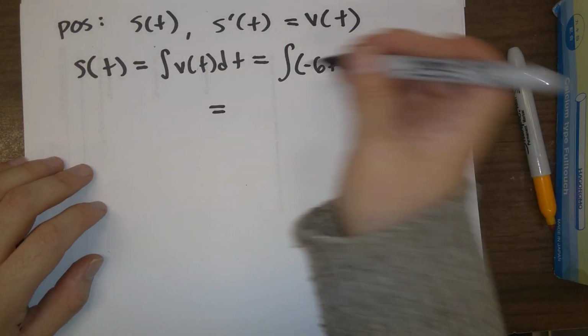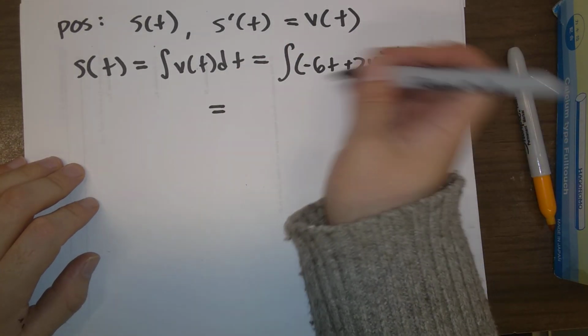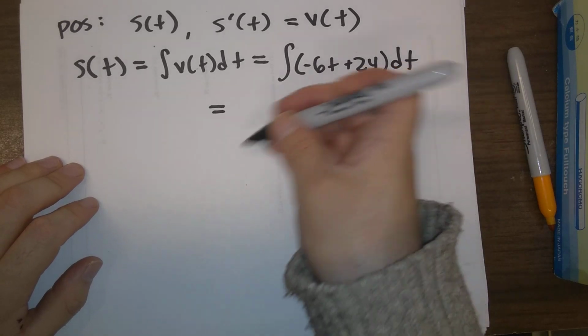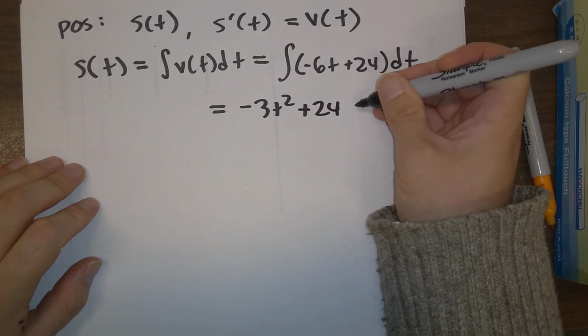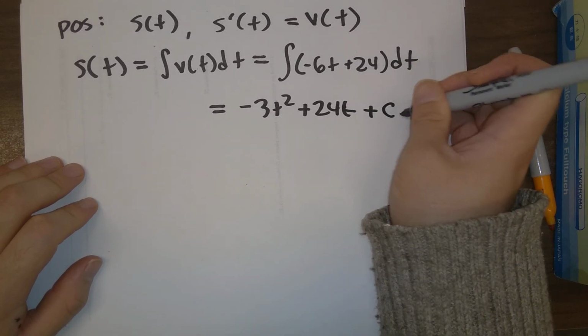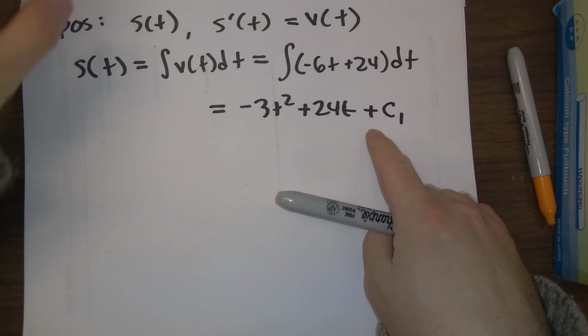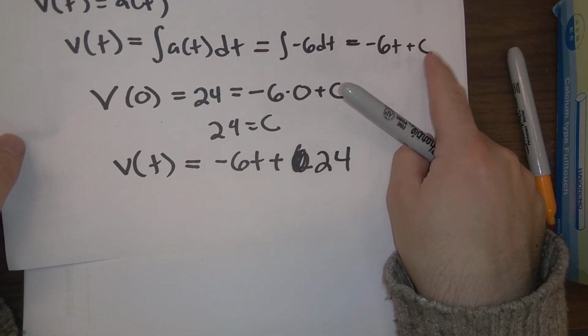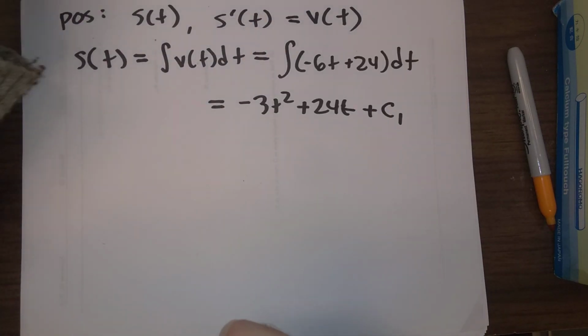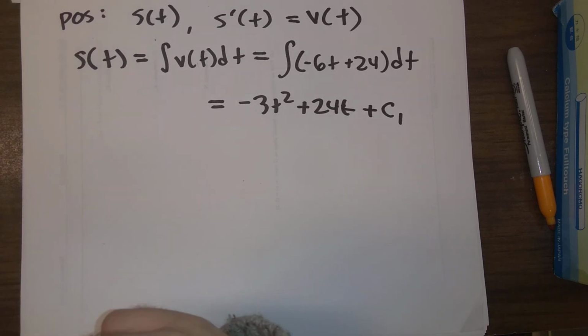And so we end up with the integral of minus 6t is minus 3t squared plus 24t plus c1. I'm calling this c1 to differentiate, no pun intended, from this c here. I want those to be different.